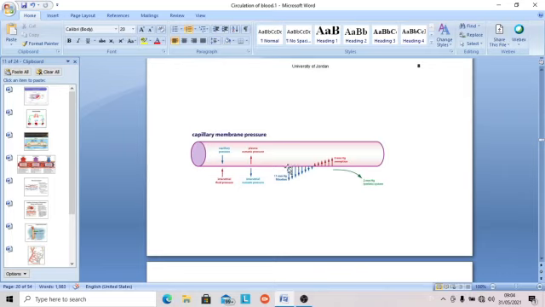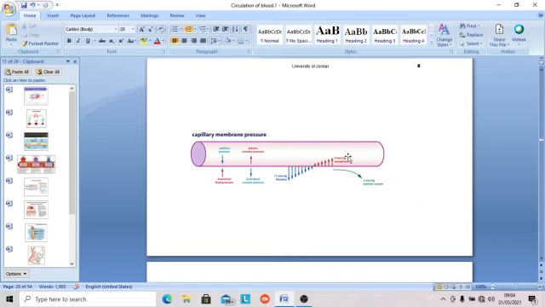There is ultrafiltration. Under pressure, the blood fluid and other substances, crystalloids, are filtered out from the capillary toward the arterial end of the capillary. At this arterial end, the net pressure is from inside to outside, 11 millimeters of mercury. That goes on reducing. In the middle, it becomes neutral.